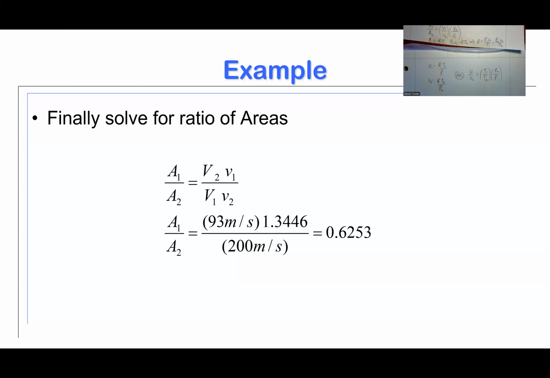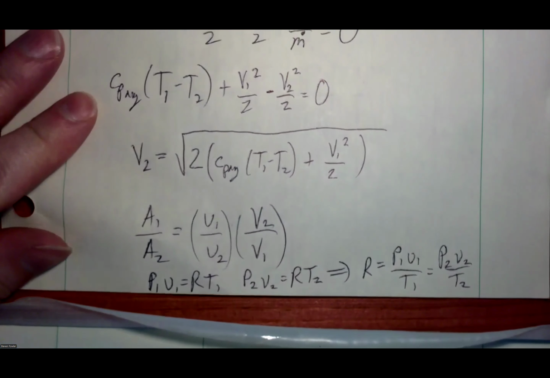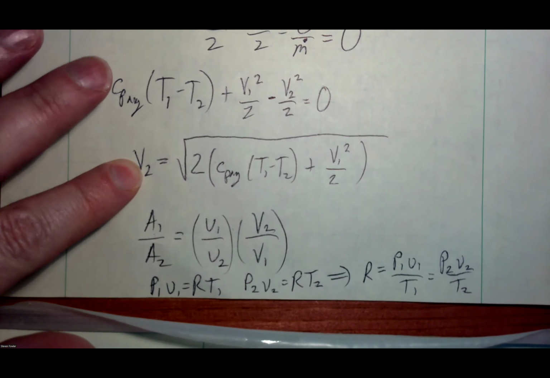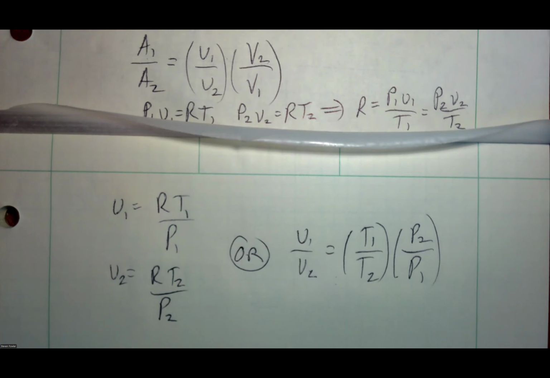If you do, I'm going to try really hard to get you to a B, but you've got to show me that you can correctly and consistently get to somewhere where you could solve this out. That's why I stopped where I did: I've got you a clear path to V2, and a clear path to the ratio of areas, right? Now, that's not going to get you an A if you just stop there, but it is going to get you probably a very high D or a very low C.